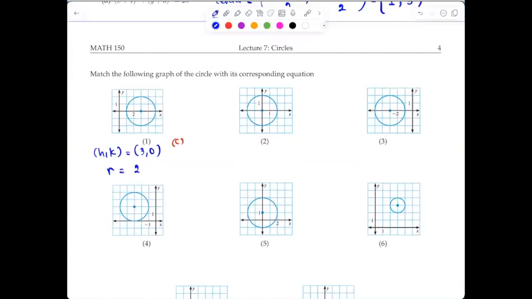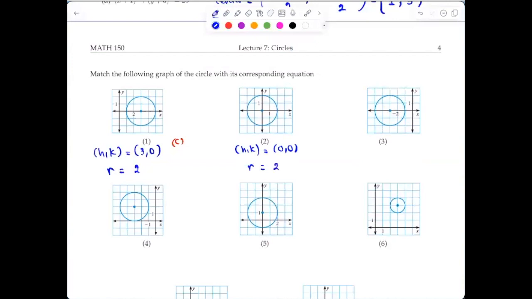So number 2, the center is at the origin. And what is the radius equal to? The radius is 2. Right.